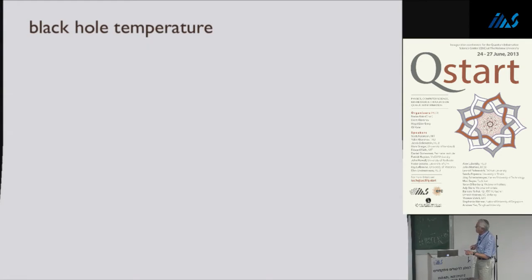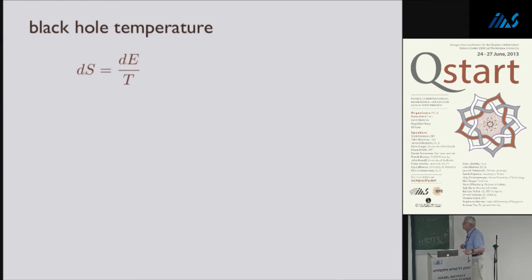One of them is to define black hole temperature. Remember that from thermodynamics, the change in entropy of a system where there is no work is the change in energy divided by the temperature, right? A very elementary formula. Now, we can define black hole temperature by using this formula, using mc squared as the energy of the black hole, and I will always refer to mass as energy in accordance with special relativity here.